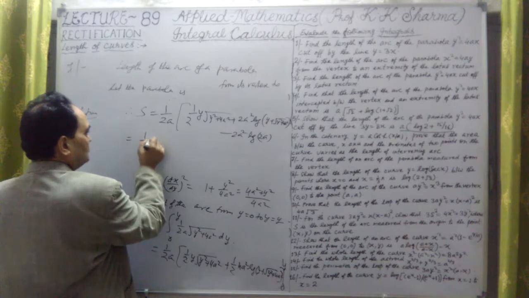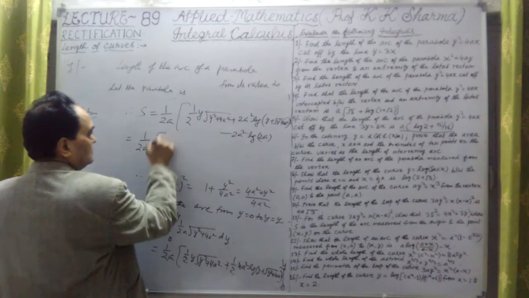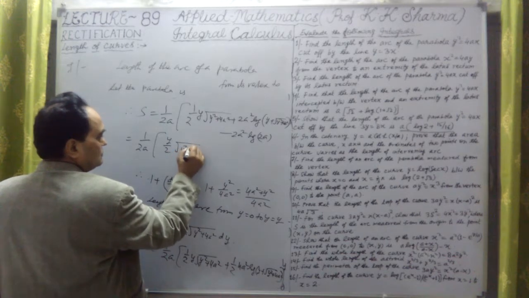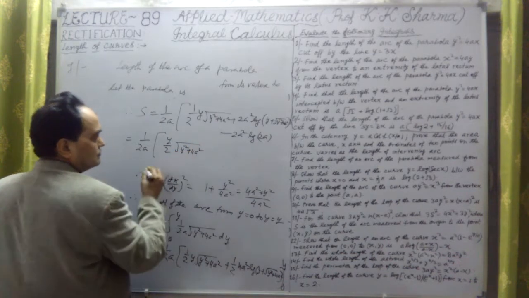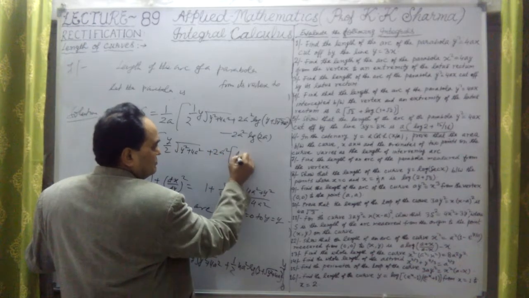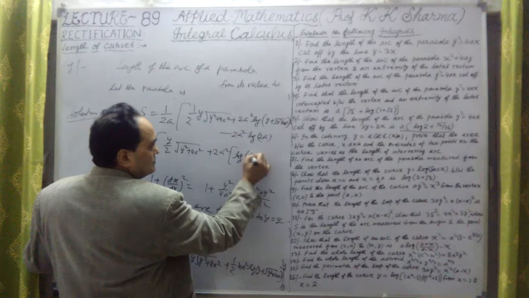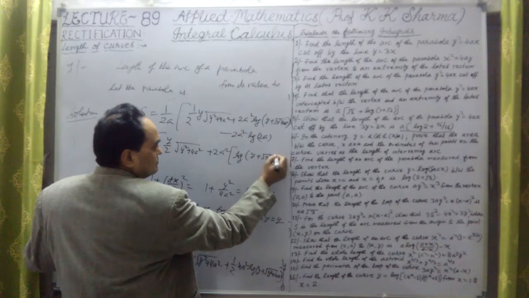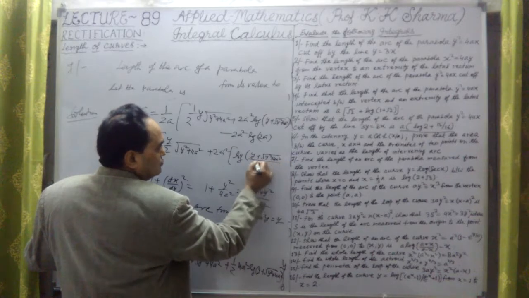So this is 1/2a. This is y upon 2 under the square root, which is y square plus 4a square. If I take plus 2a square common, it will be log of y plus under root y square plus 4a square upon 2a.